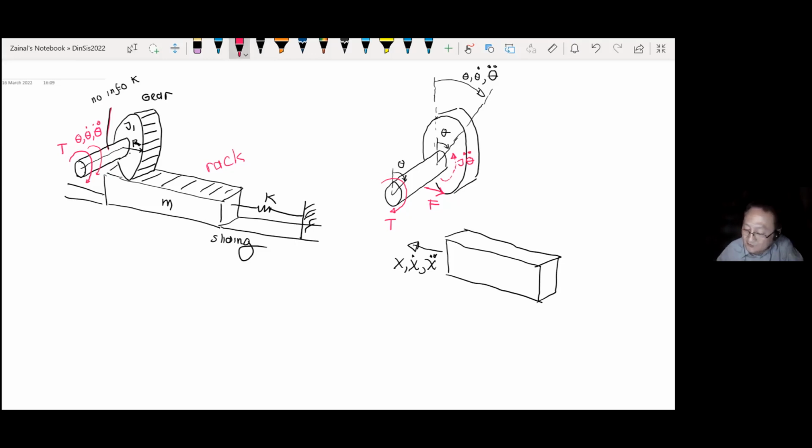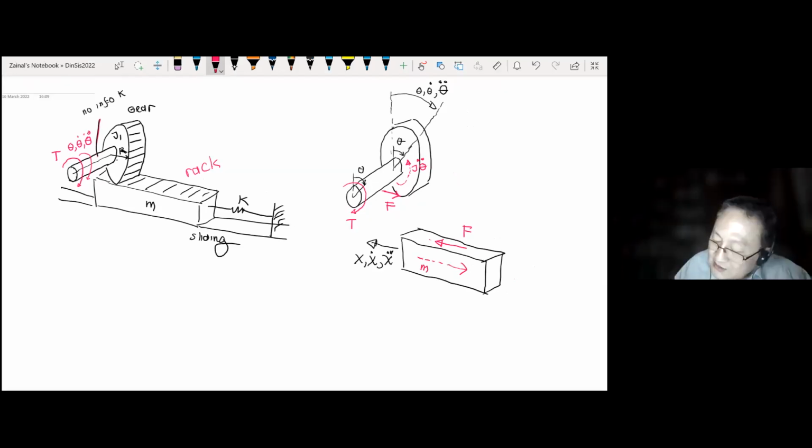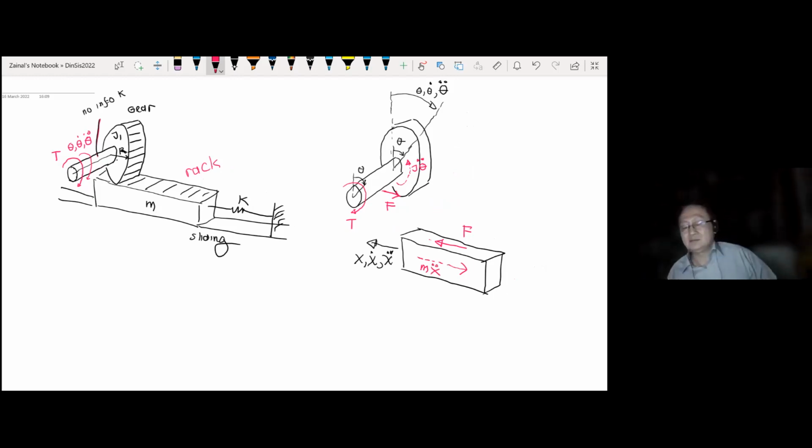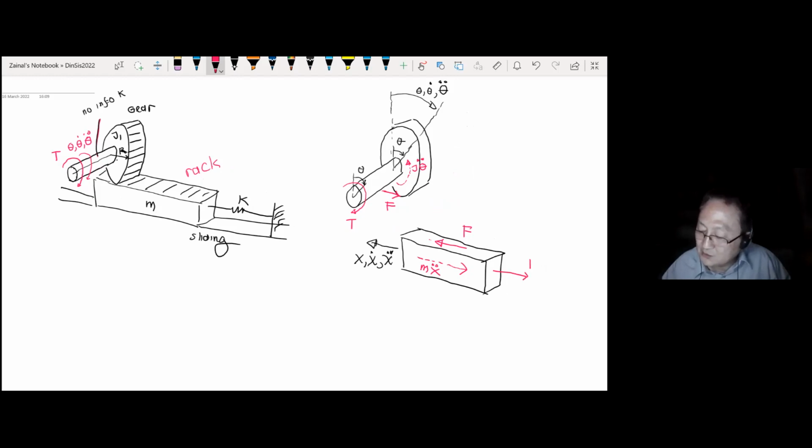Then you have the gear force in this direction, F, just the same. And you have inertia if you want to use first law of motion, so this one is m x double dot. If this one moves in this direction, you have k multiplied by x.